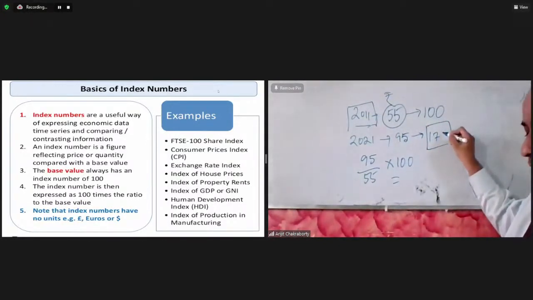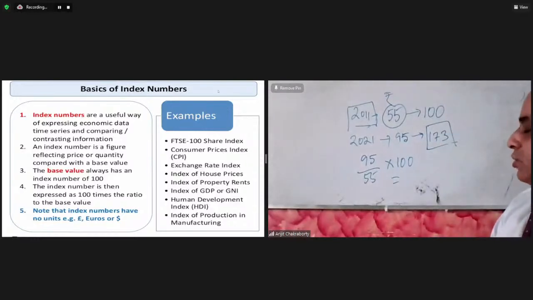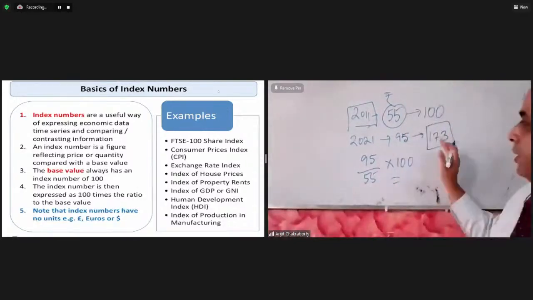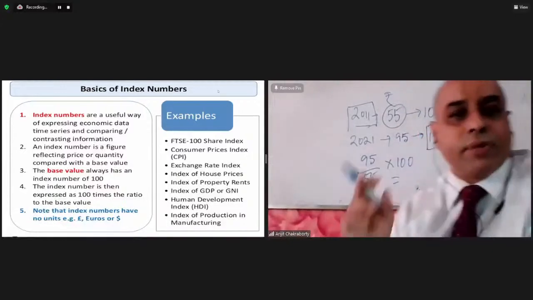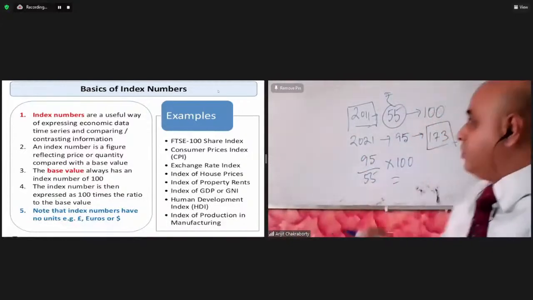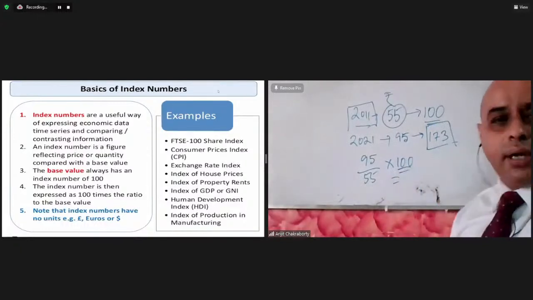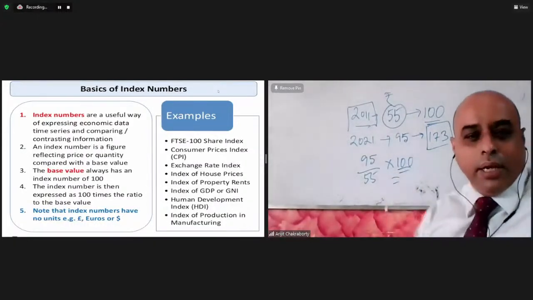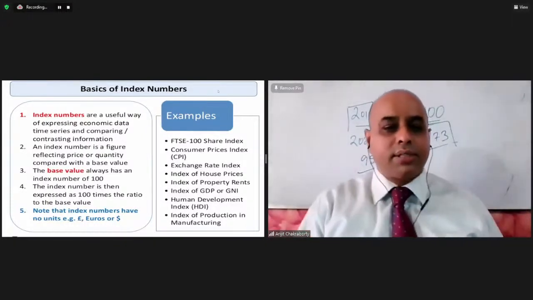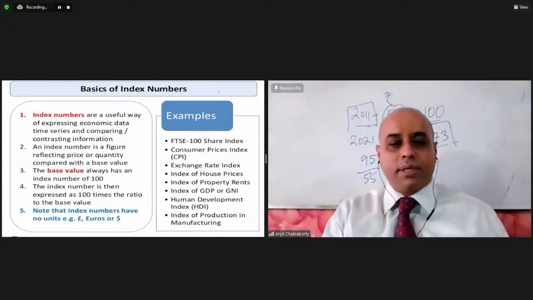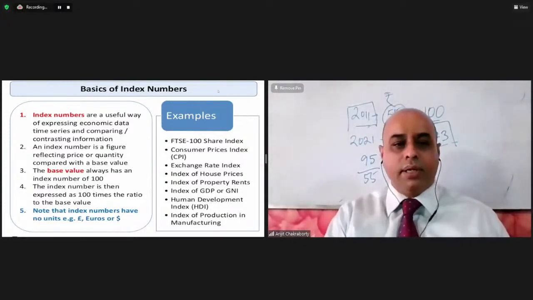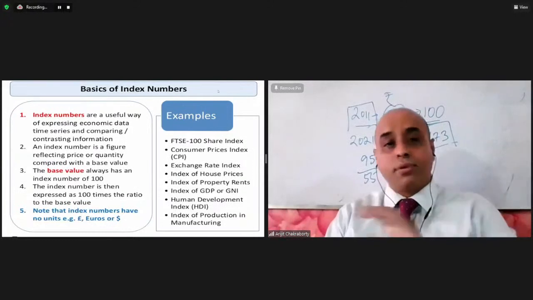So I'll keep it at 173. So we can get the index number, but this is based only on petrol. So you can see that we are always taking the base year as 100. That is why we take 100 in this calculation. The index number is then expressed as 100 times the ratio to the base value, absolutely. And index numbers have no units.